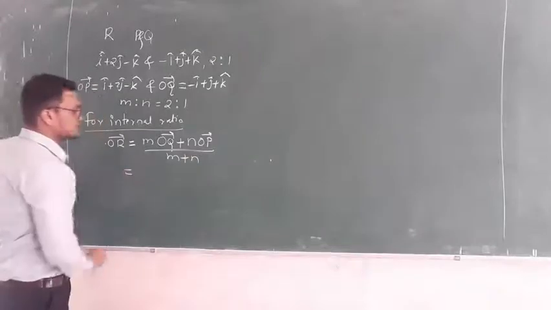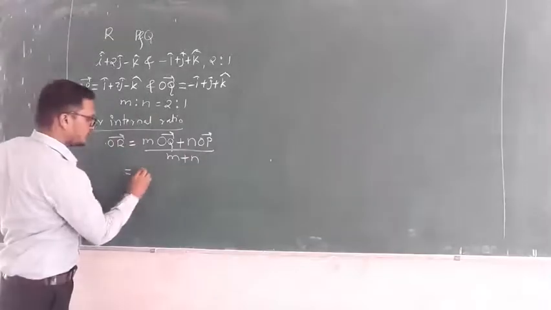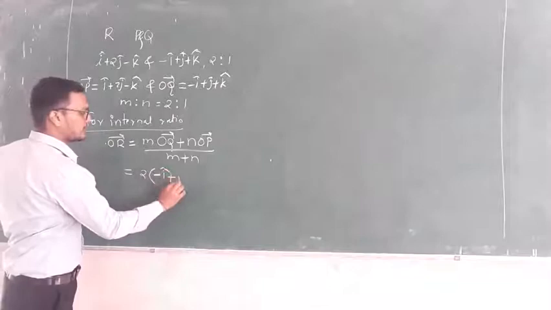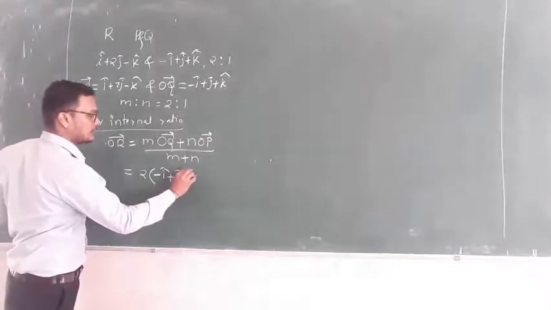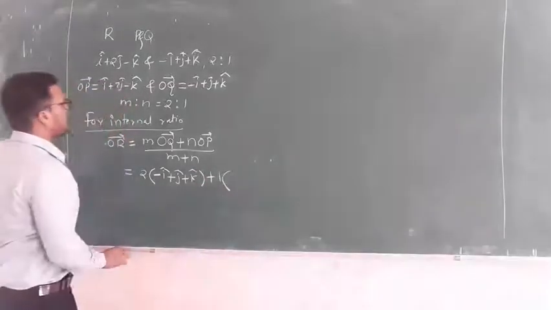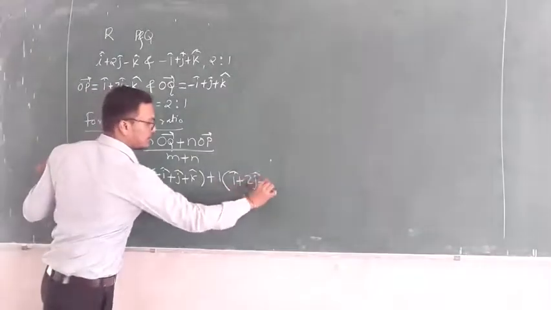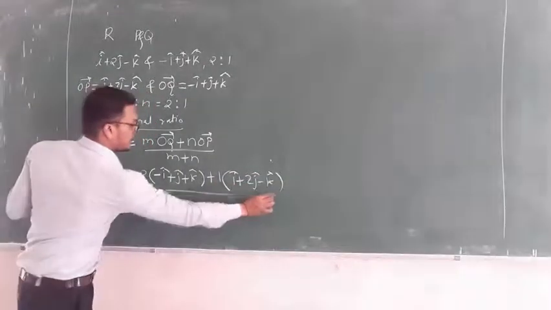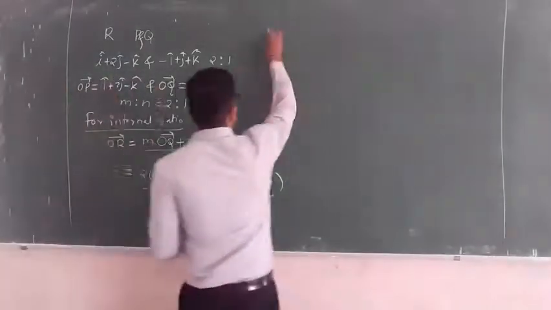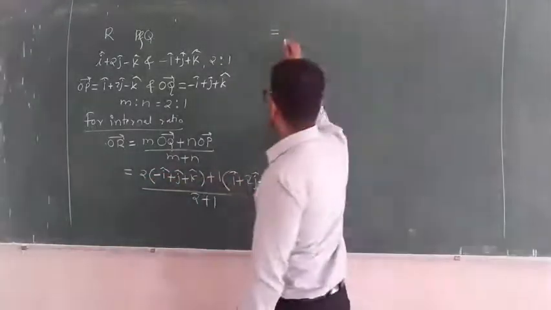So which is equal to, now we have to put the values. What is M here? 2. So it is 2 into OQ. What is OQ? Minus i plus j plus k. Plus N is 1, so 1 into OP. OP is i plus 2j minus k, divided by M plus N, that is 2 plus 1. Or which is equal to 2, we have to multiply inside the bracket. So what we get?